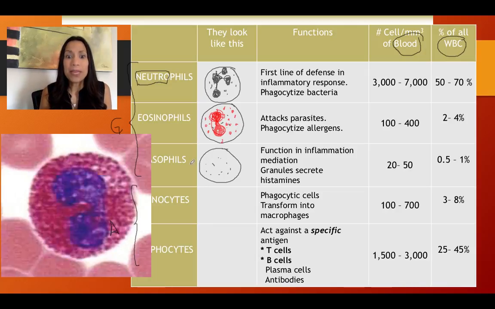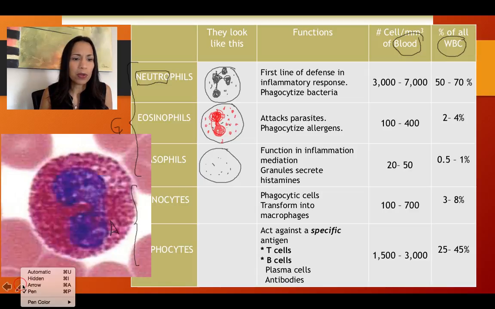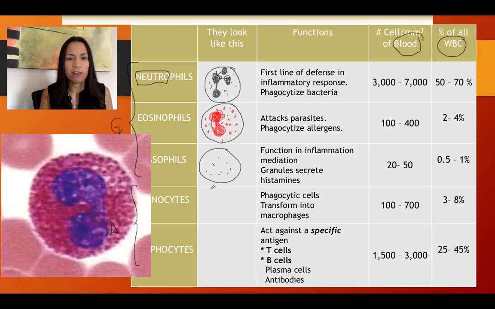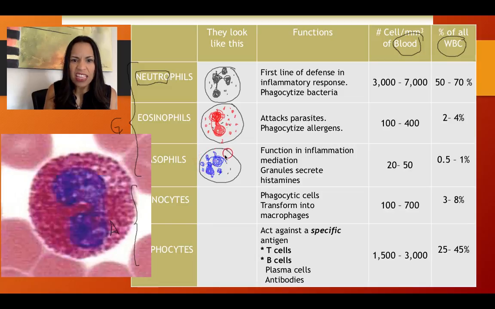Now, basophils, and I'm going to put it blue because that's the color of the stain that they get. I'm going to draw the nucleus, but you're going to see that this cytoplasm has so many granules, and these granules are pretty big and thick and blue, the same color as the nucleus, that it doesn't let us see the nucleus very well.